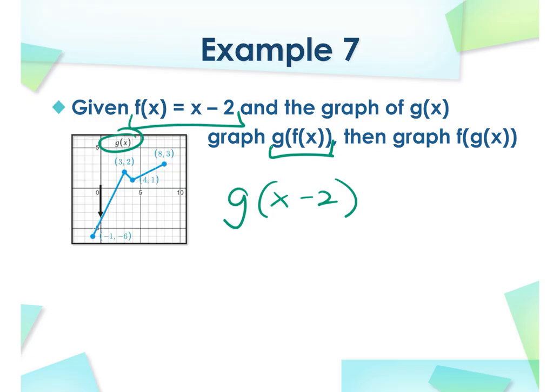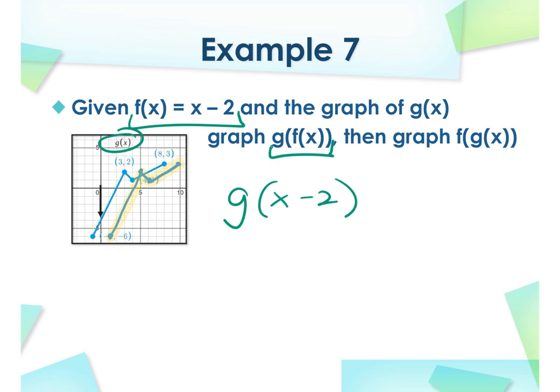Shifts it to the right 2. So I'm literally going to take all the points on that blue line and shift them to the right 2. With me on that one? So by inputting, we're messing with what's in the parentheses, and that causes a horizontal shift, okay?